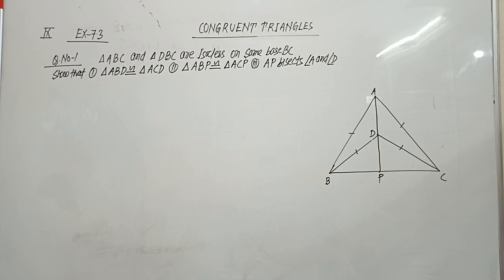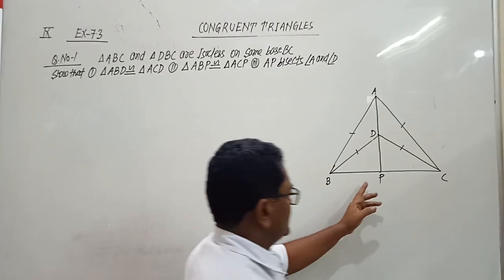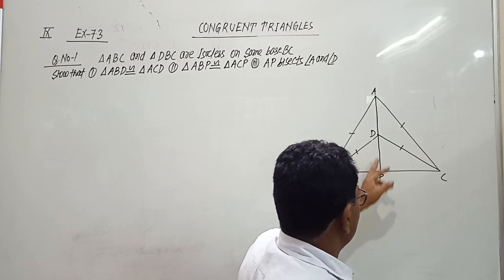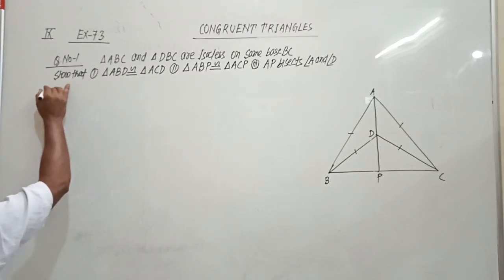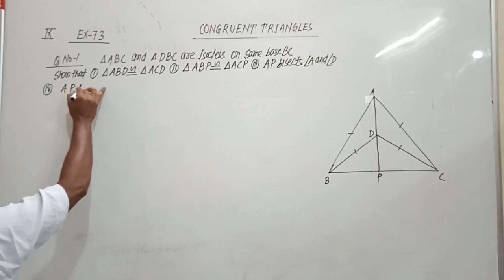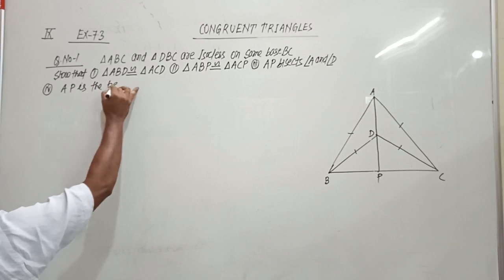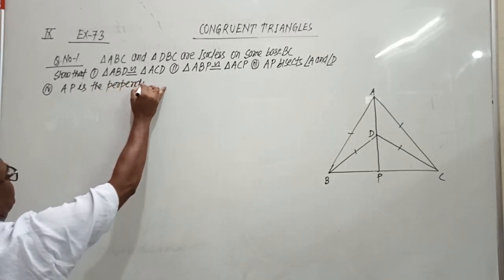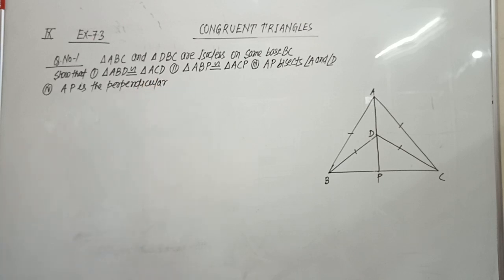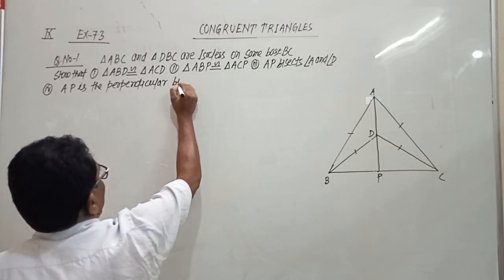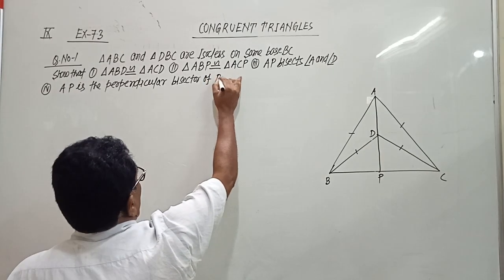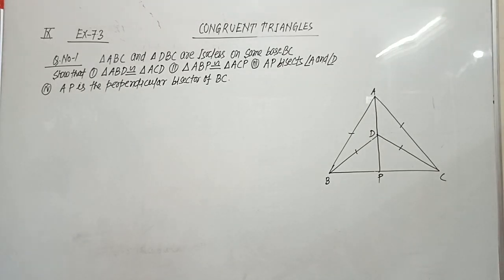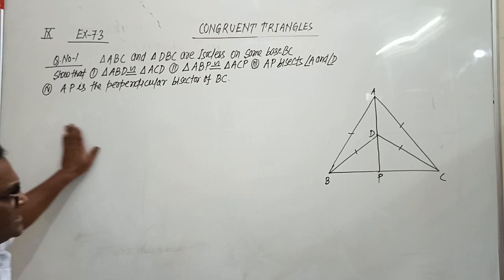Then the fourth part, AP is the perpendicular bisector of BC, which means angle APB is 90 degrees and also BP equals CP. So let us start.